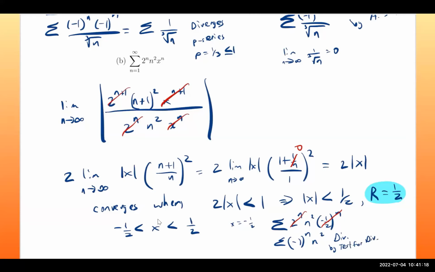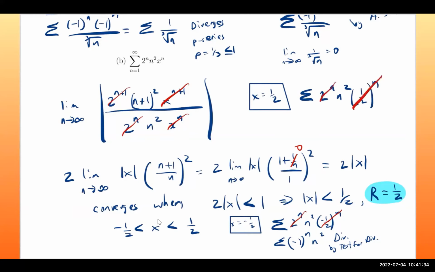All right, and let's check x equals positive 1/2 over here. If you plug in positive 1/2 for x, you're going to get 2 to the n squared times 1/2 to the n.